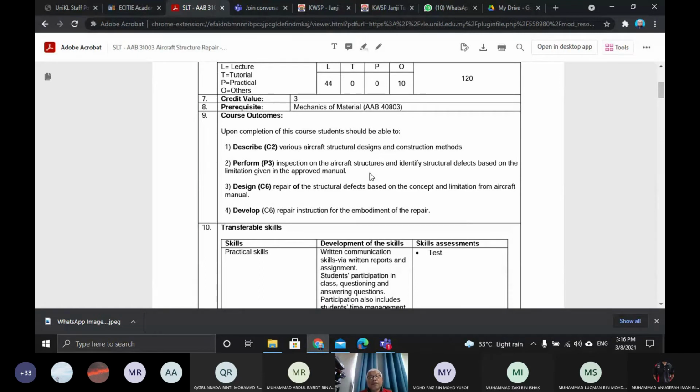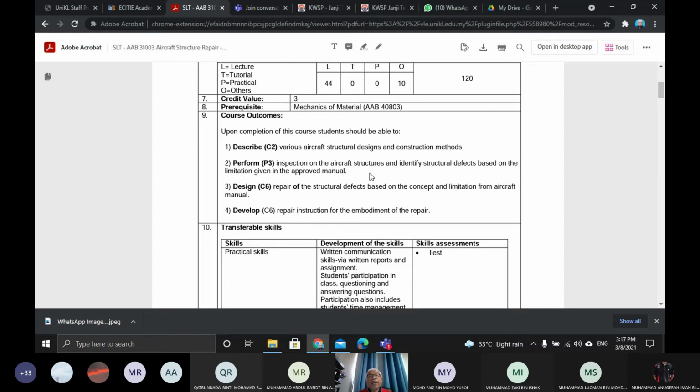There are aircraft structure manuals, aircraft maintenance manuals, component overhaul manuals, component repair manuals, operation manuals, process manuals. Those are published by the OEM, and the OEM will give those manuals to the buyer, the operator of the aircraft.